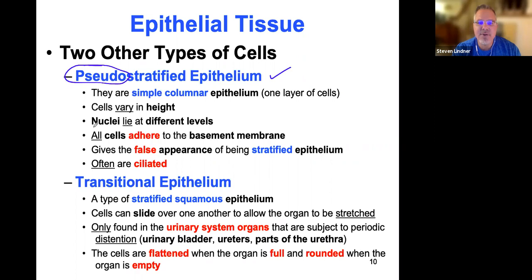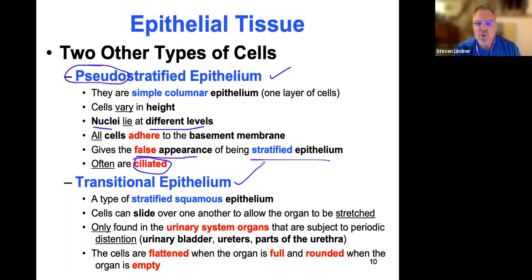And we said that the nuclei are at different levels, so it gives it this false appearance that it's stratified. And often where we find pseudo stratified, it's going to be ciliated, especially in the respiratory tract. We'll even see it in the digestive tract as well.